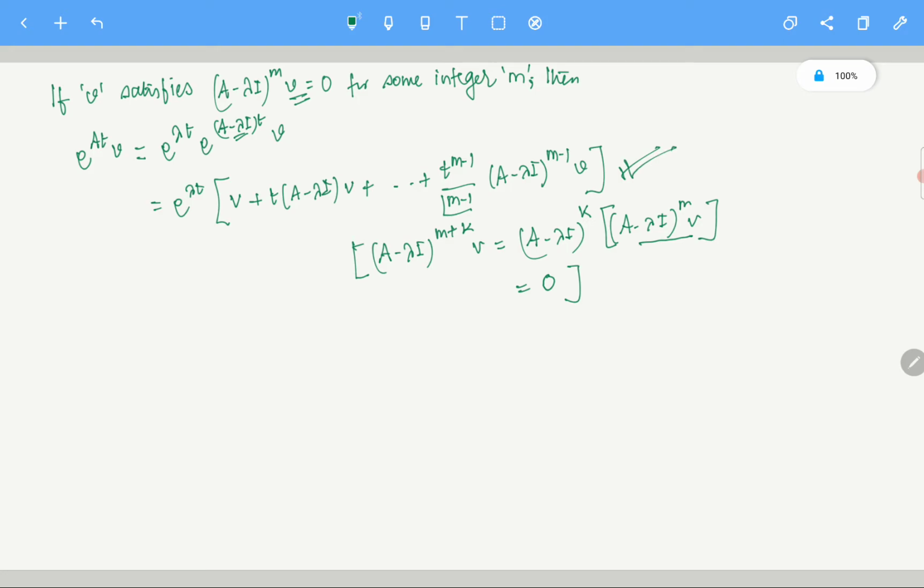Therefore e to the power At will look like this. So this will actually give you an algorithm for how to find n linearly independent solutions. Let me put it properly.